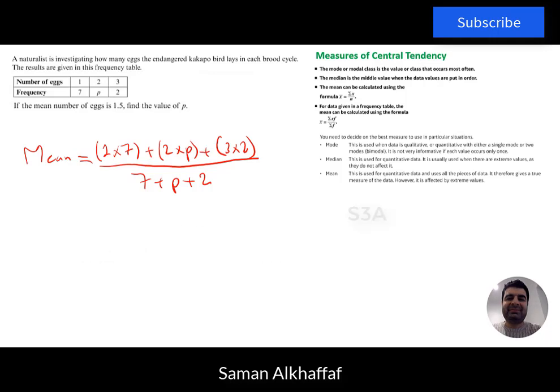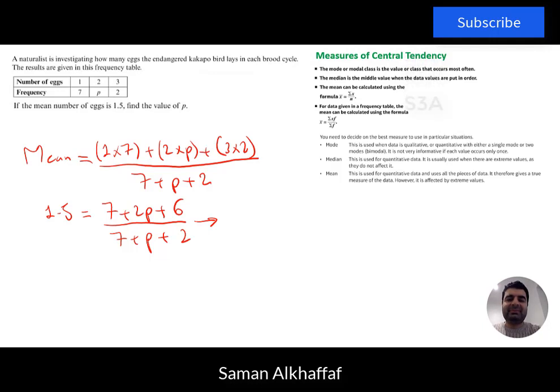So we know the mean is given as 1.5, and we would have 7 plus 2p plus 6, all divided by 7 plus p plus 2.